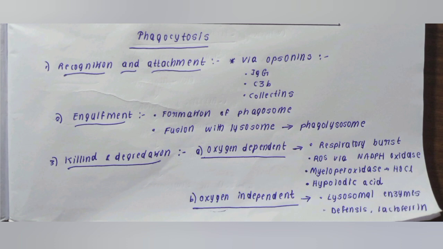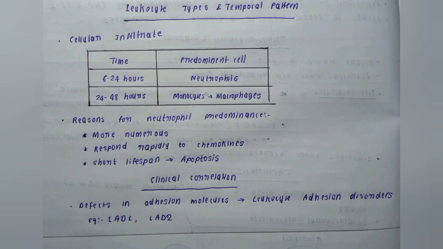So when you are studying for the final exams or whatever exams, watch that whole playlist so that you can get the complete idea of the chapter. Once you get that, then when you write an answer in the exams, this is how you have to write. That's why I've mentioned it in answer format. For the time being, you just remember what to write in this particular question. The explanation part of this is going to come in another video. Okay, so oxygen independent, it is lysosomal enzymes, defensins and lactoferrin.